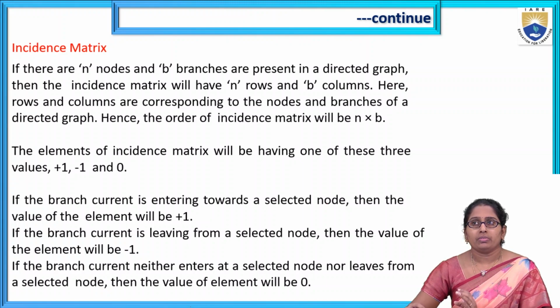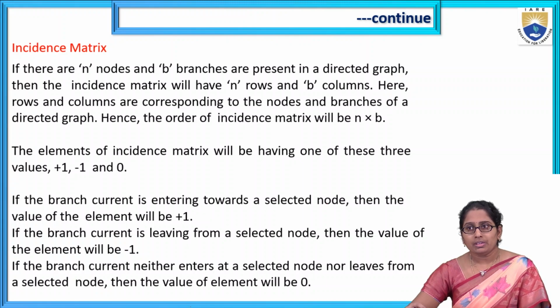If you take a branch with respect to a selected node, if it is entering towards that node, its value will be plus 1. If it is leaving, minus 1. If it is neither entering nor leaving from that selected node, then its value will be 0.